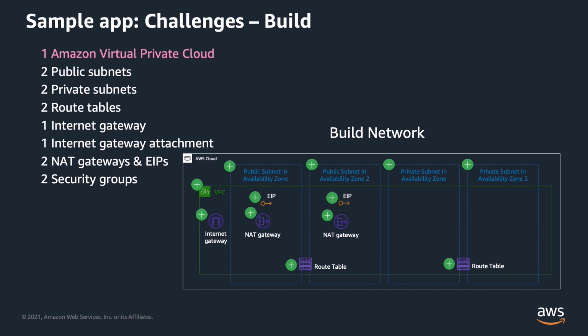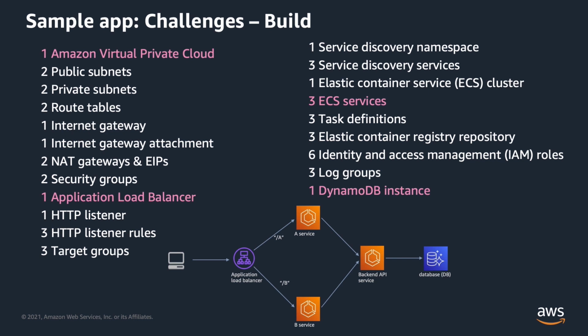I have provided a CloudFormation template in my GitHub repo, which you can use to begin with and then configure further. Once you've set up your base infrastructure, you have to set up these 5 resources and their configurations, like the application load balancer, the HTTP listener, the rules, the target groups, the service discovery, the ECS service task definitions, the container registry, and finally the database as well.